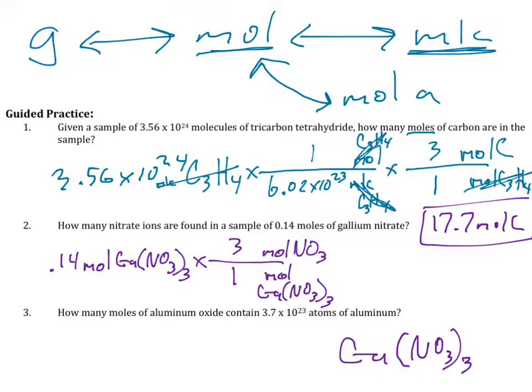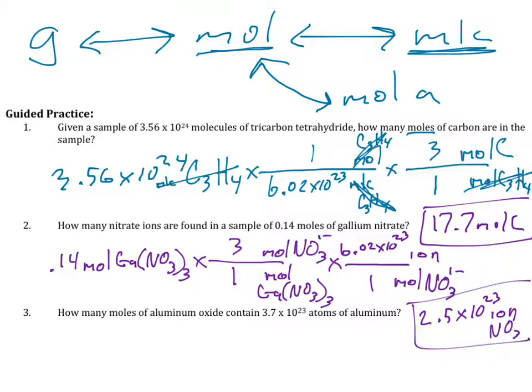Now, once we have moles of nitrate, we can go from moles of nitrate to ions, because we know that 1 mole of anything is 6.02 times 10 to the 23rd of that thing. All right, and then we just type that in the calculator and we'll get our answer.